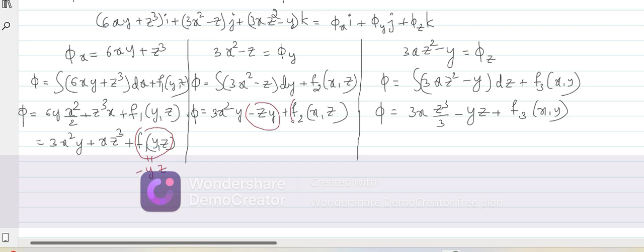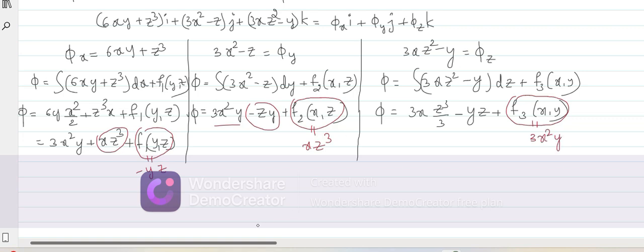In the second expression you don't have a function of x and z. In the first expression, xz³ is a function of x and z, and in the third we don't know the function of x and y. From the first two we can say that 3x²y is a function of x and y.